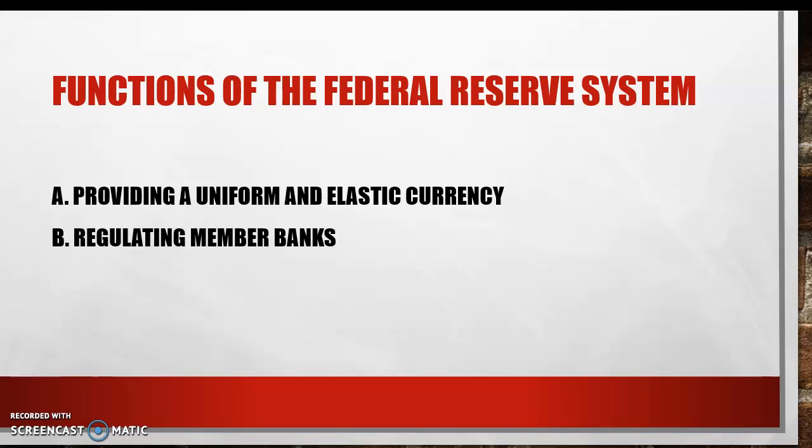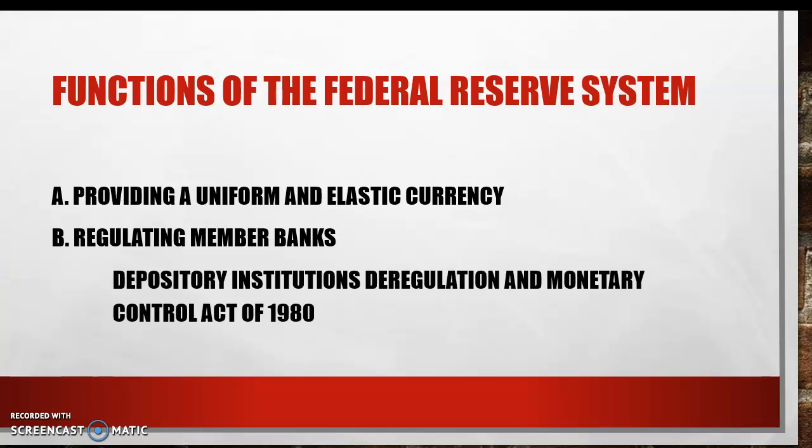The number of banks fleeing the Fed alarmed Congress, so they passed a law called the Depository Institutions Deregulation and Monetary Control Act of 1980. First of all, that's a long name for a law. Second of all, here's what it did. This law required all banks to abide by the Federal Reserve.